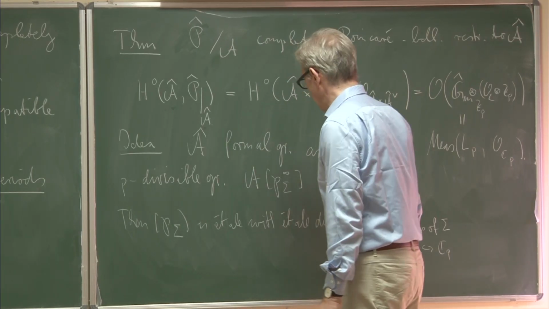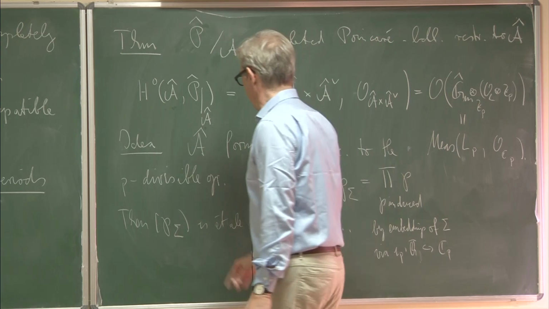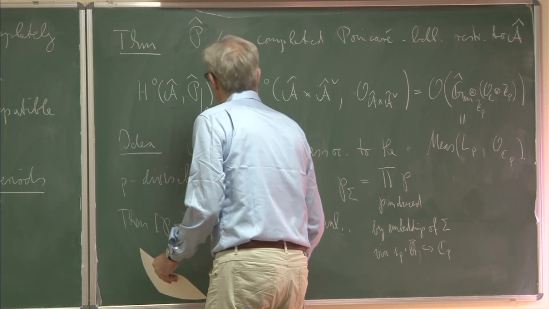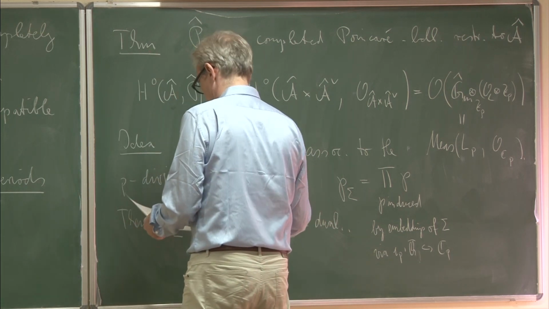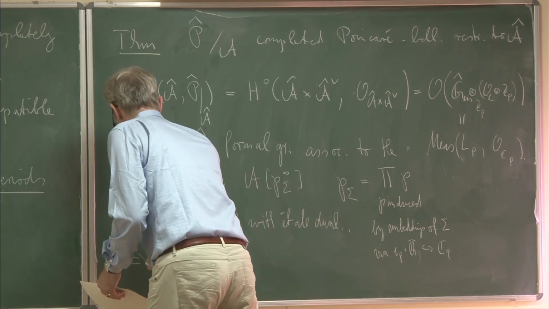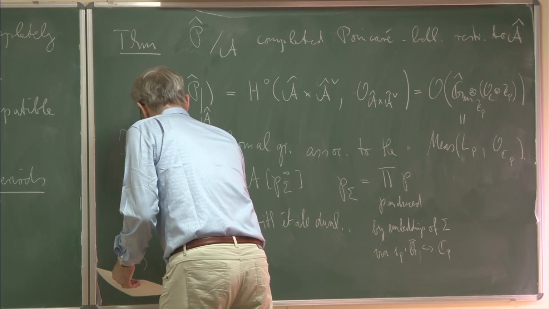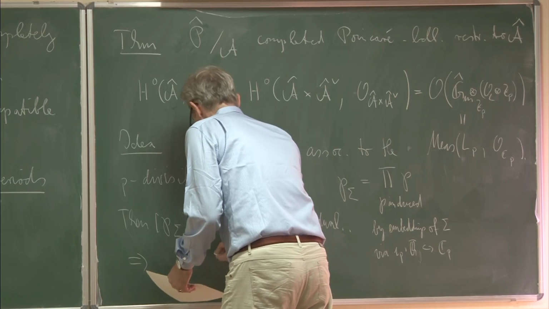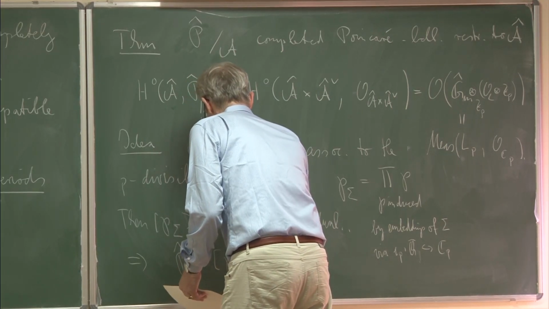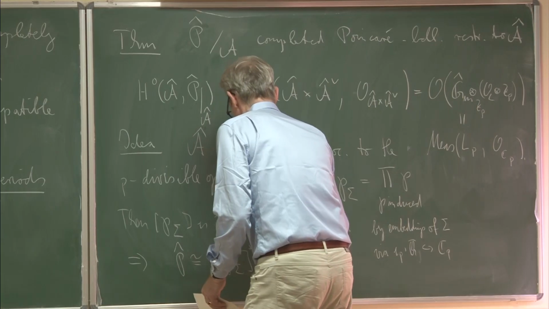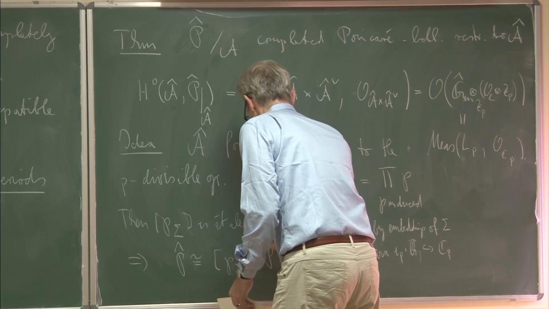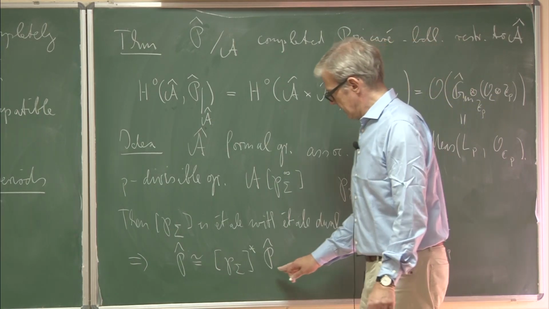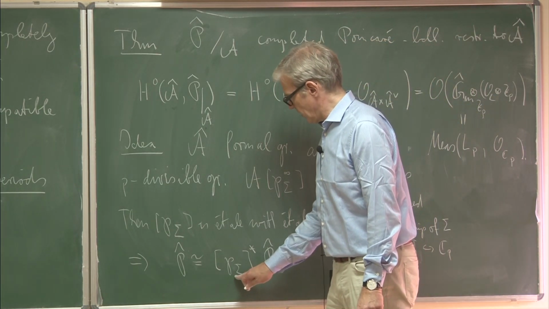And if this is the case, this implies that the formal Poincaré bundle is isomorphic to itself if I pull it back along this isogeny, and this implies that it is trivial on these torsion points.